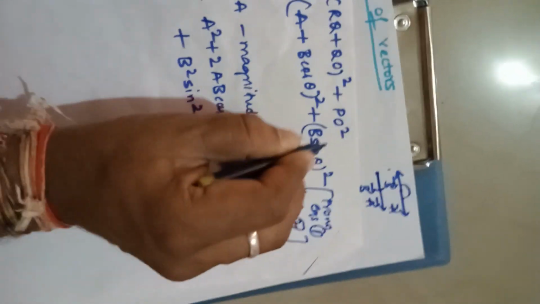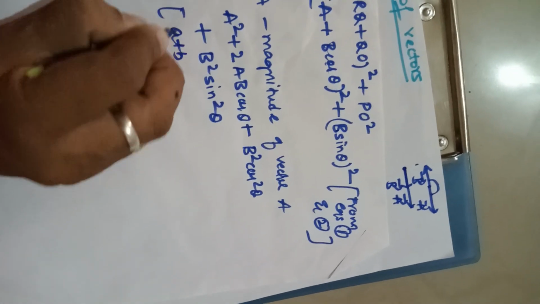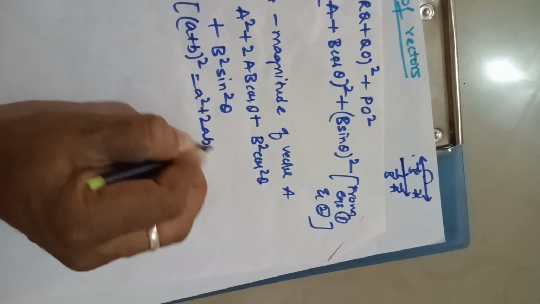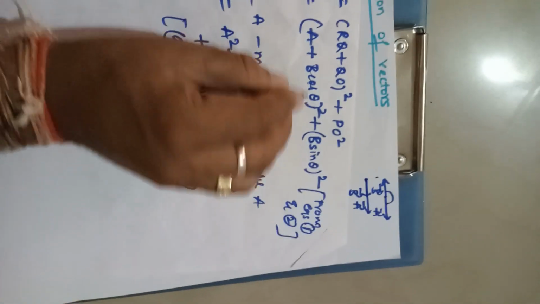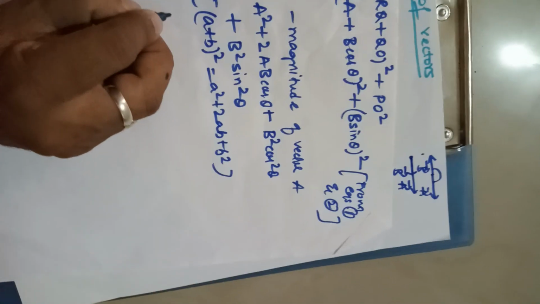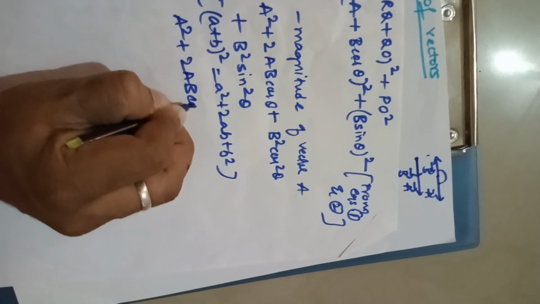I've applied the square to both terms. So the identity we have used is A plus B whole square equals A square plus 2AB plus B square. Now let's see what we can simplify. A square plus 2AB cos theta.